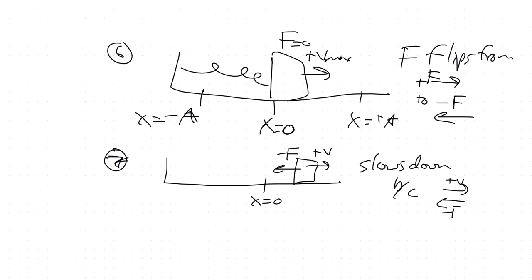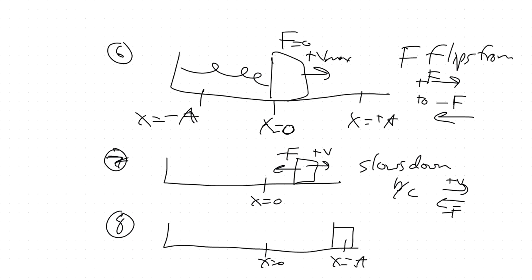And then finally, point 8 is the same as point 1. It returns back to the original position and stops, right? Because here the force accelerating it is the same as the force decelerating it. Here's where I'm showing this.